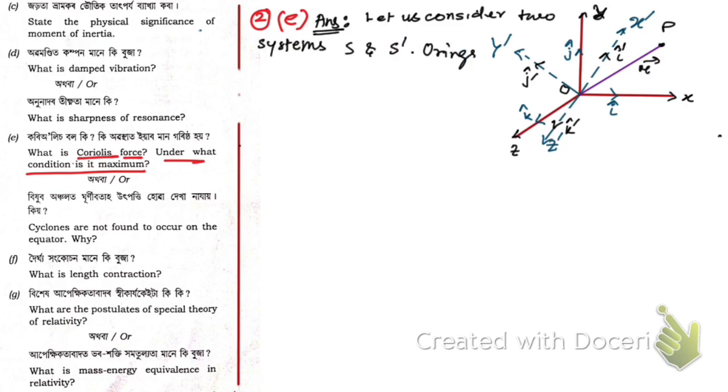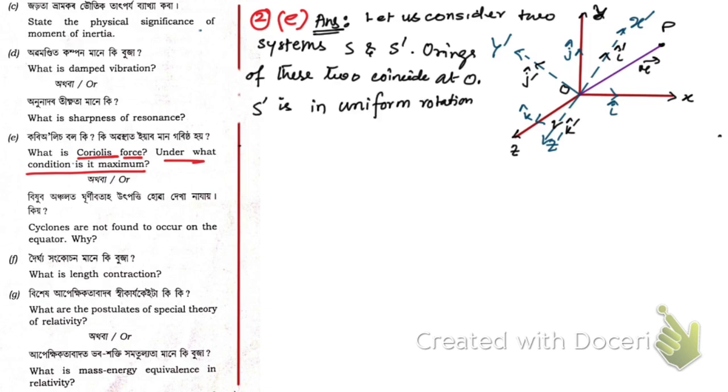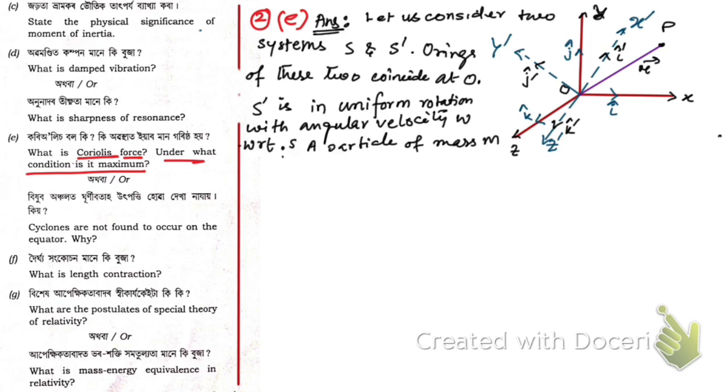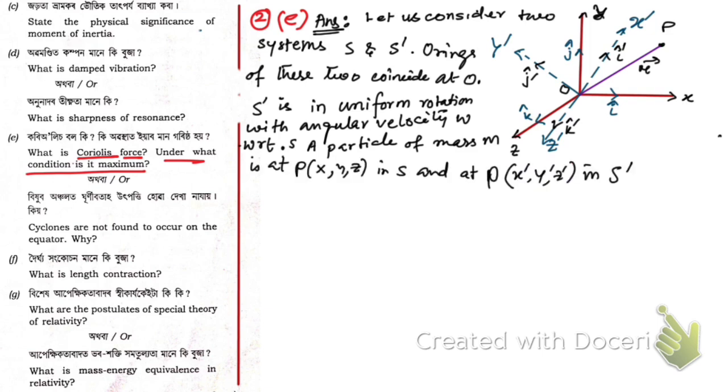So let us consider two systems S and S dash. Their origins coincide at O, right? And this S dash is in uniform rotation relative to S with angular velocity omega, with respect to S, and a particle of mass m is at P. x, y, z is the coordinate in the system S, right?